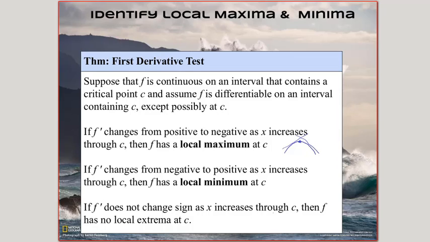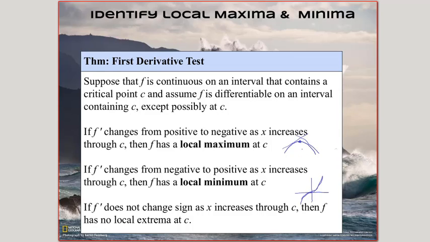The similar idea holds for a local minimum, and then if the derivative does not change sign as x increases through c, then f has no local extrema. And the easy example is x to the 3rd, which does this that we just saw. The derivative sign does not actually change. It goes from positive and then stays positive as we go through 0.